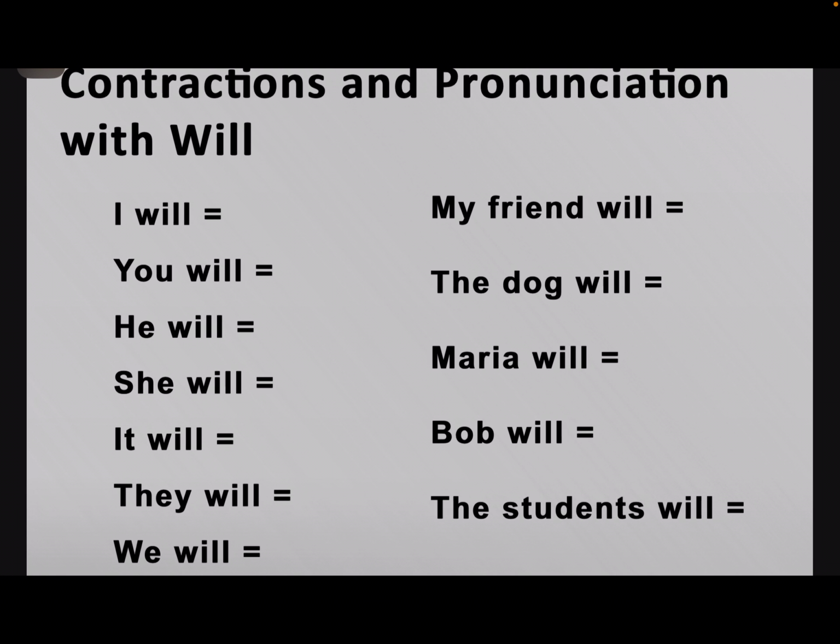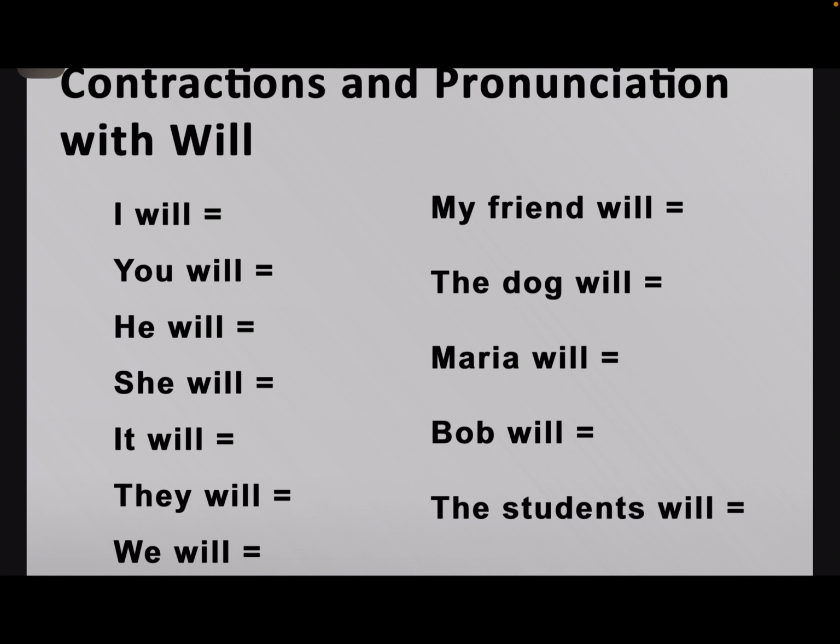Contractions and pronunciation with will. I will equals I'll. I apostrophe LL is equal to I will, remember. You will equals you'll, Y-O-U apostrophe LL. He will is equal to he'll, H-E apostrophe L-L.